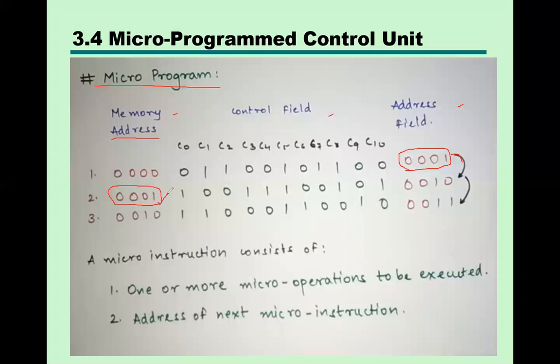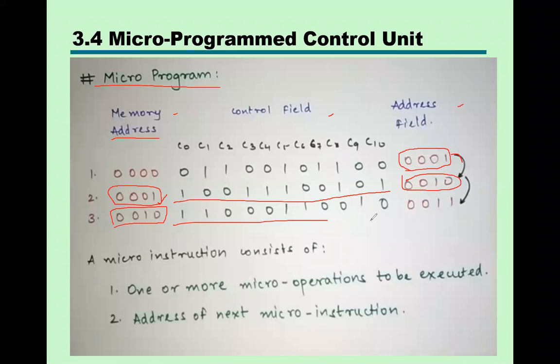So for this instruction, this control signal is generated. Okay, so this address read, what is the next address? That is 0010. So where is 0010? Here is 0010. So for this 0010, C0, C1, again C5, C6, and C9.